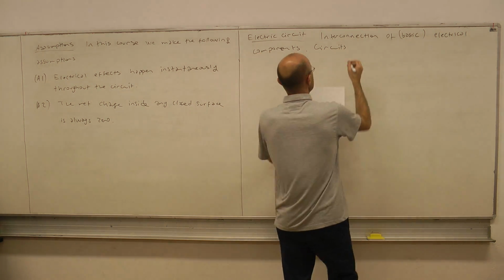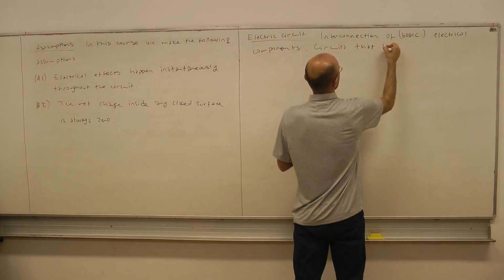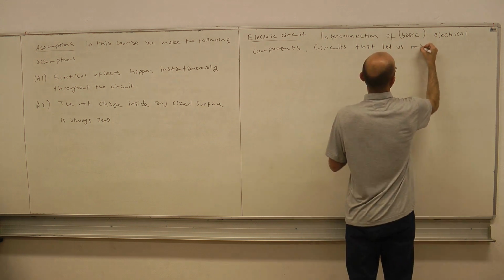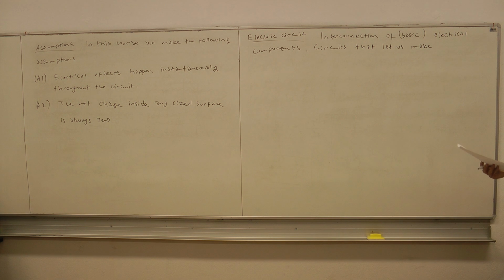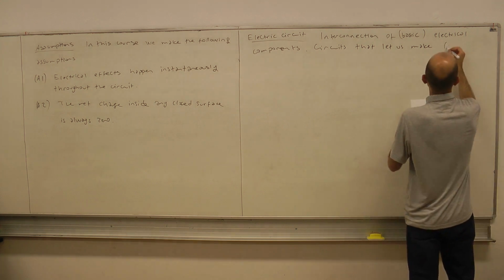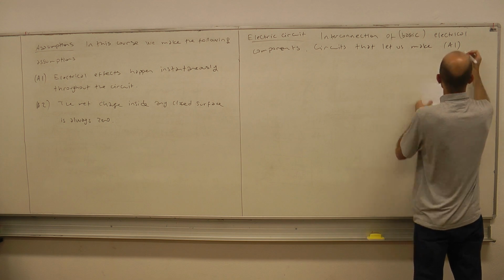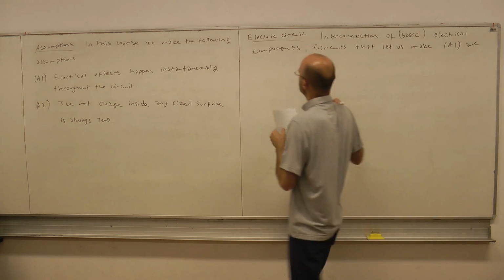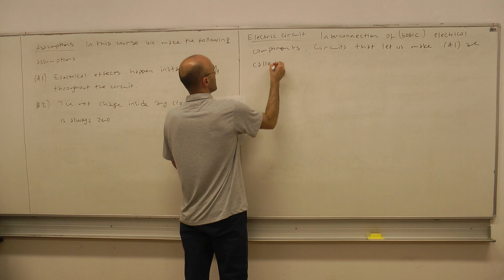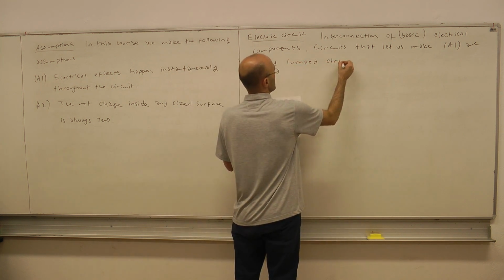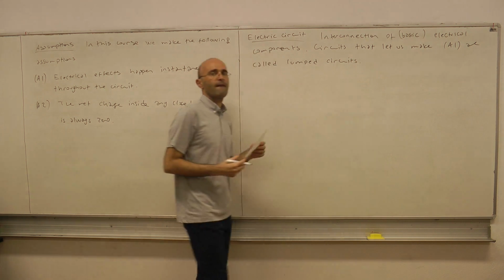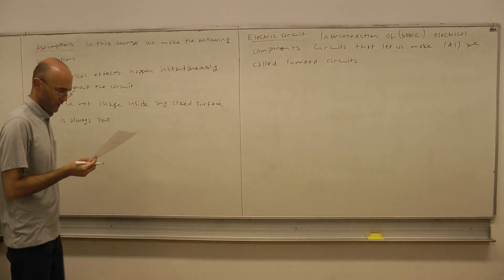Circuits that let us make, or for which making the first assumption, A1, is reasonable, are called lumped circuits. Okay.